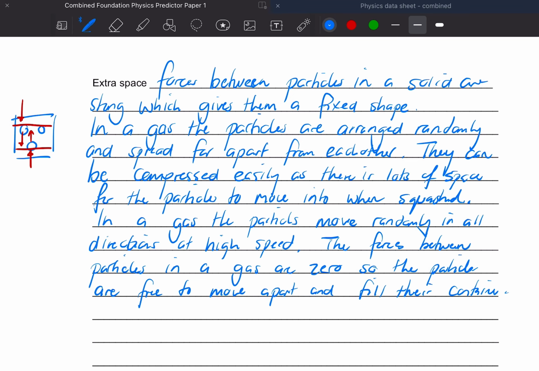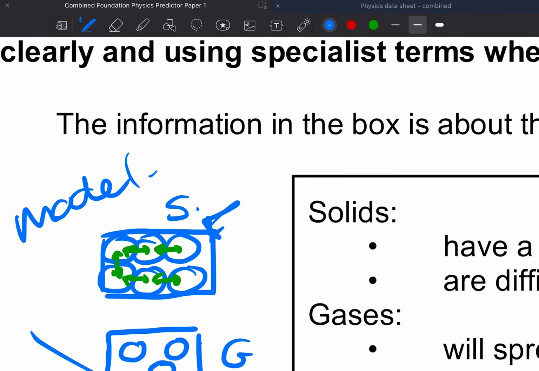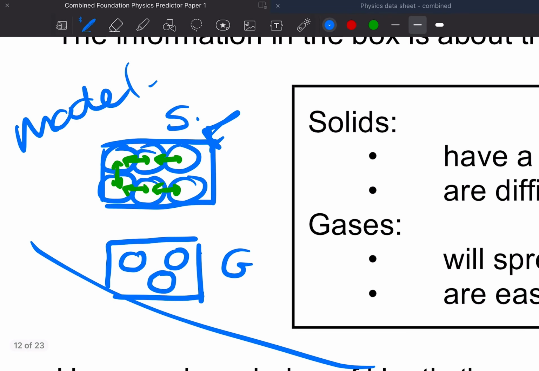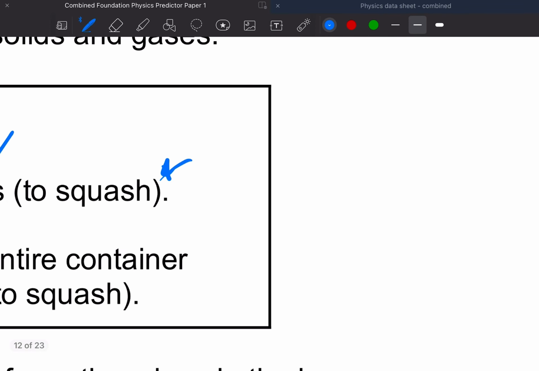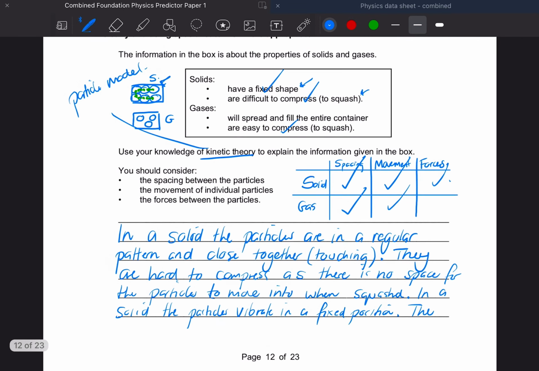Like in a solid, they had a fixed shape, didn't they? In the solid, we saw here we've got this fixed shape and strong forces. In the gas, there are no forces holding any of the particles together, so they will just spread out and fill their container. The forces between particles in a gas are 0, so the particles are free to move and spread apart and fill their container. So we have now talked about our forces.